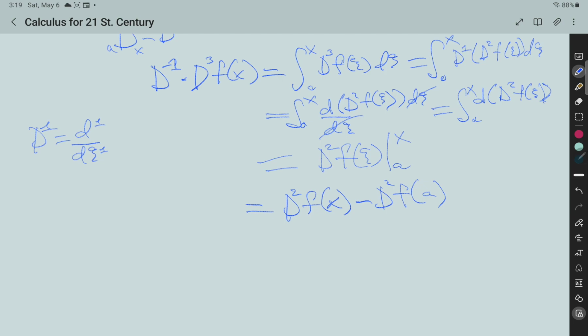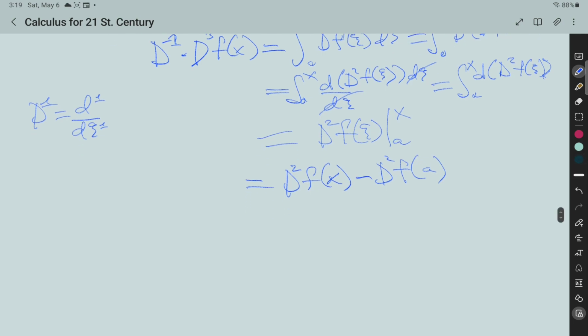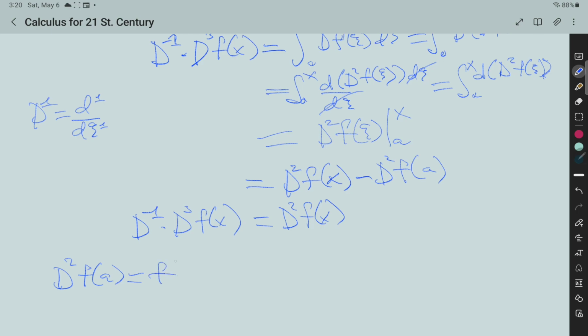Okay. Now, yeah, so we're almost done here. So the end result is that D to the minus 1, which is the integration, acting on the ordinary derivative of f of x, is going to be D squared of f of x. Notice when you have a constant inside the function, you write D squared of f of a as f double dot a.